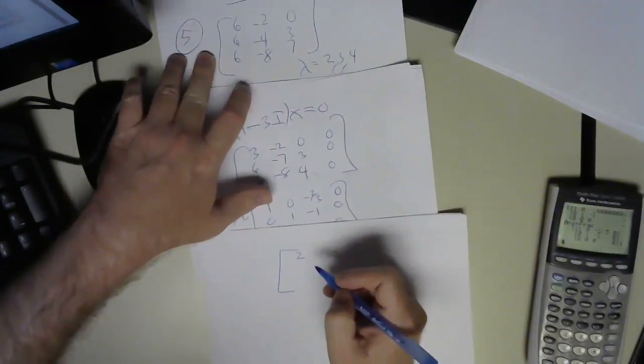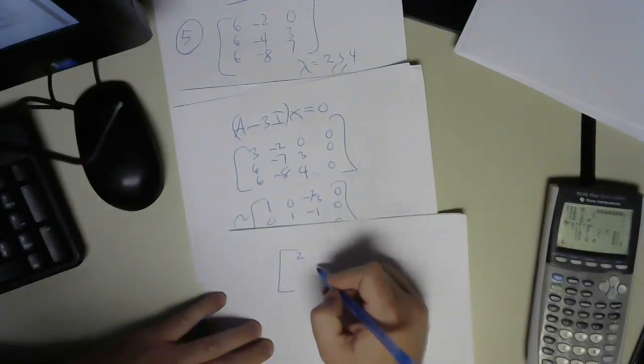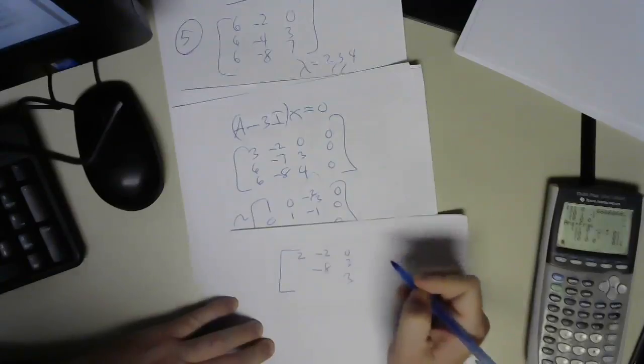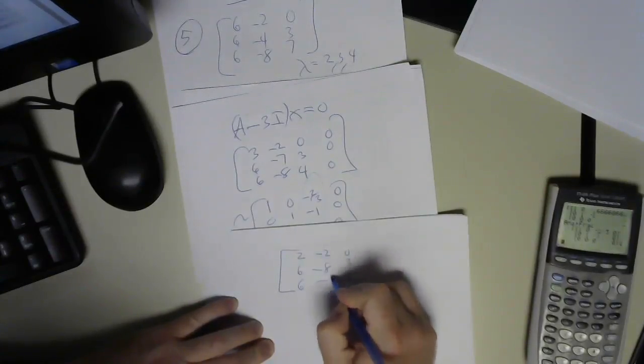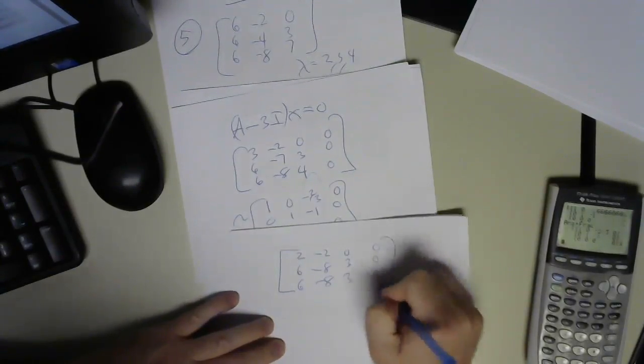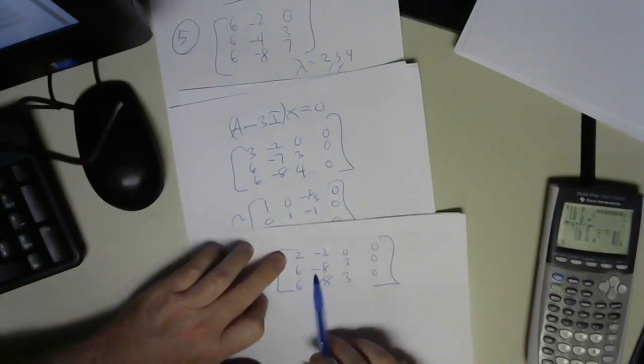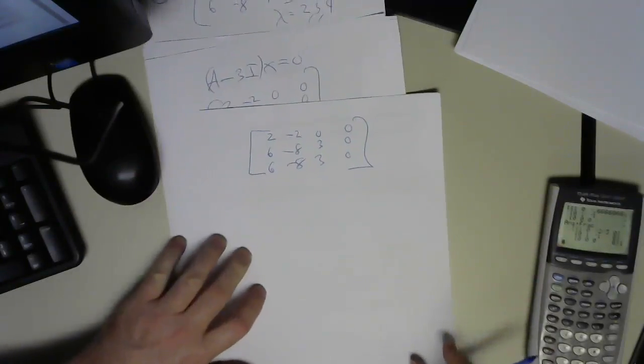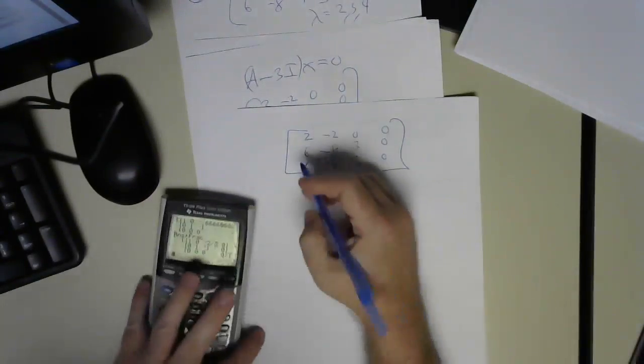So subtract 4 from the main diagonal elements, get this. All right, now calculator.